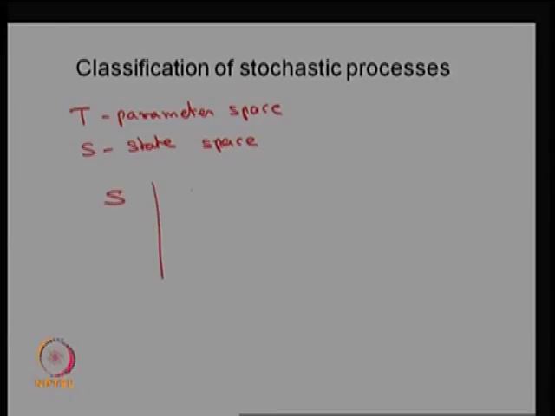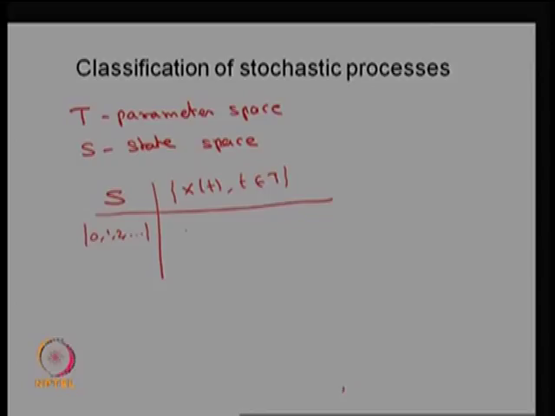Suppose the possible values of S, and what is the name of the stochastic process if S is going to take only countably infinite or countably finite values?